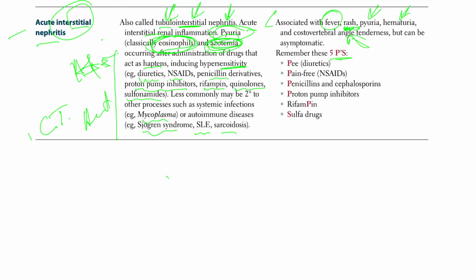Remember the 5 P's. P for diuretics, pain for NSAIDs, penicillin and cephalosporins, PPIs, rifampin, sulfa drugs. So these are all the drugs that cause acute interstitial nephritis.